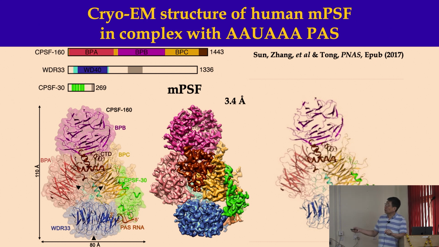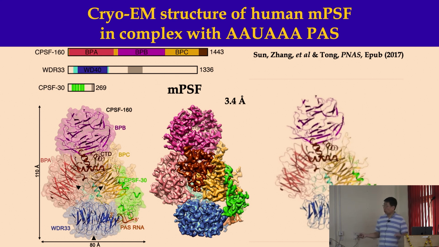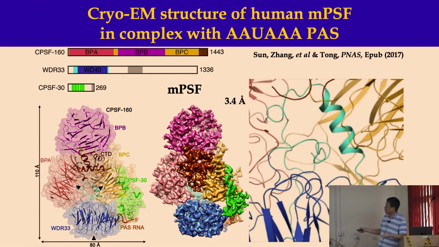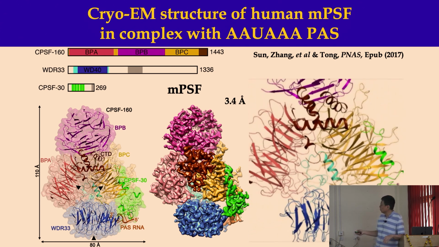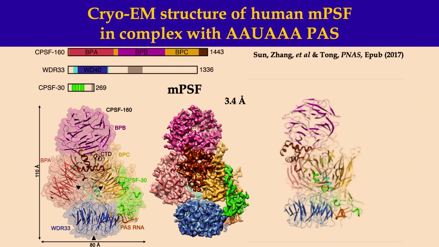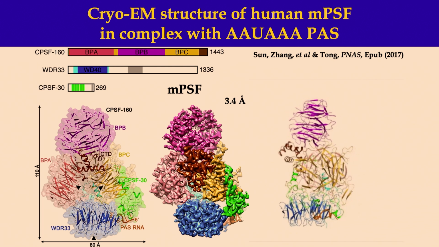But when you see the first 3 in our structure, essentially you have CPSF160, WDR33, CPSF30 in green, and the RNA is bound between WDR33 and CPSF30. That's shown better in the movie on the right. Here is a more detailed interaction between CPSF160 and WDR33, which I won't say too much about. Then CPSF30 on the right, turn around to the front, and zoom in.